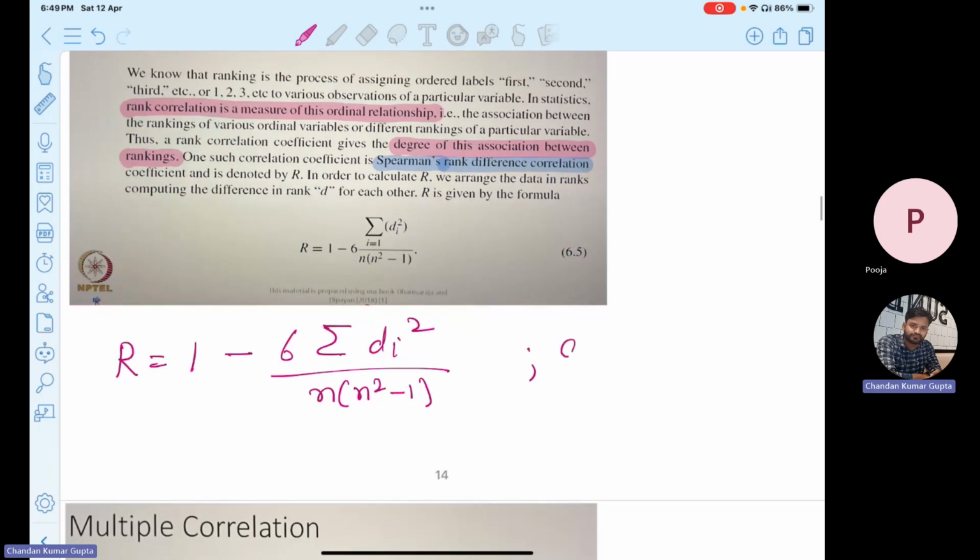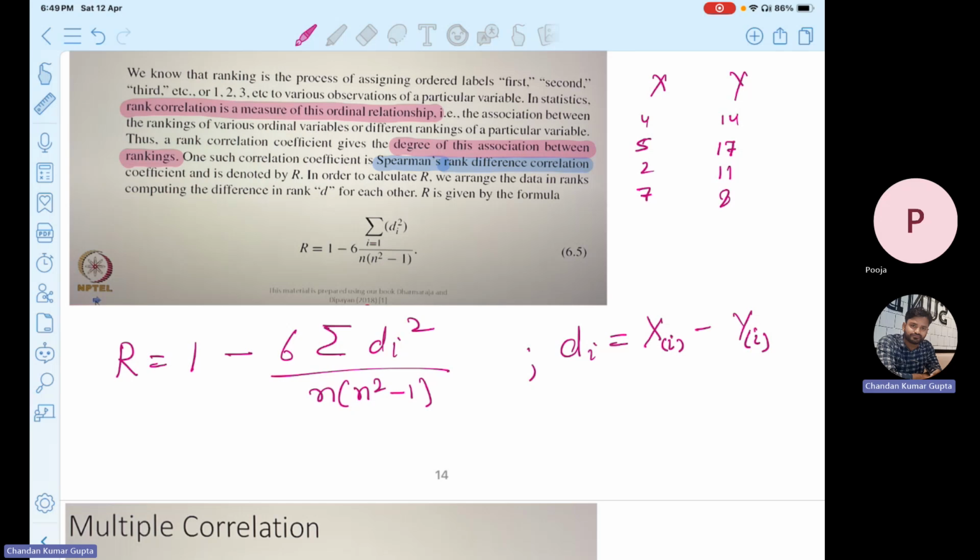Here di square is based on di, the difference of xi minus yi. Suppose we have an x random variable and a y random variable. I'm giving only a few values: 4, 5, 2, 7 for x, and 14, 17, 11, 8 for y.